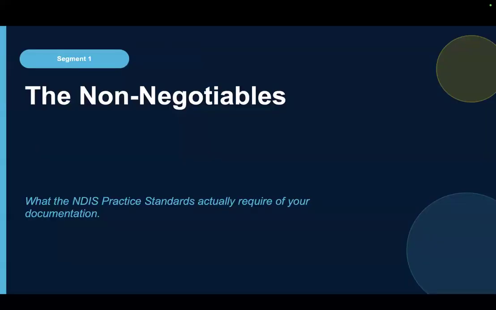So there are some non-negotiables with policy and procedure. What the practice standards actually require of you is a non-negotiable. So for an NDIS policy and procedure package, it must address the NDIS practice standards. It must. But remember, I just talked about 3 levels of addressing that. 1, you just address that and that's about it.